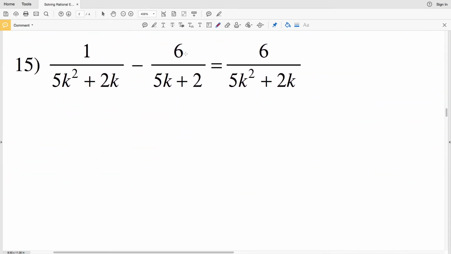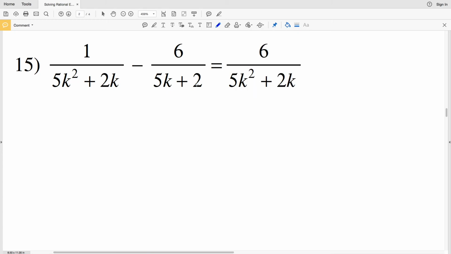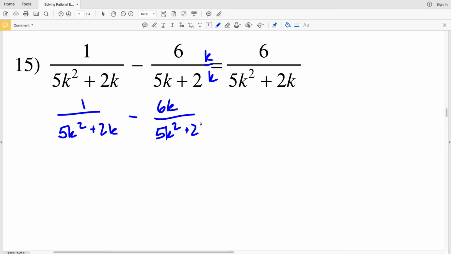Moving on to number 15, I'm going to start this one by multiplying 6 over 5k plus 2 by a 1. And that 1 is going to be k over k. Doing this, I'll have 1 over 5k squared plus 2k minus 6k over 5k squared plus 2k, and that's equal to 6 over 5k squared plus 2k.